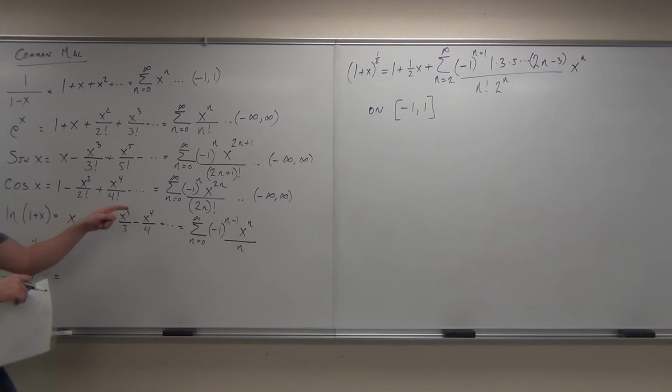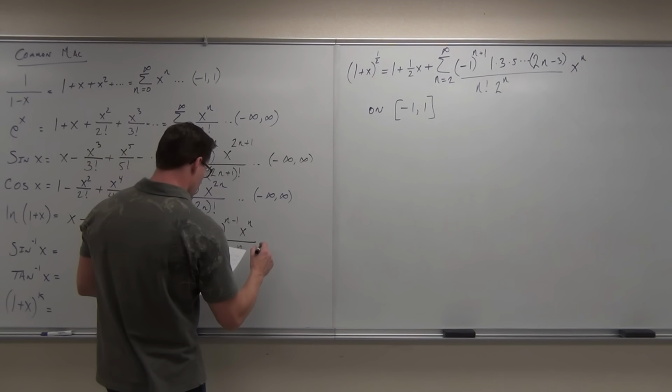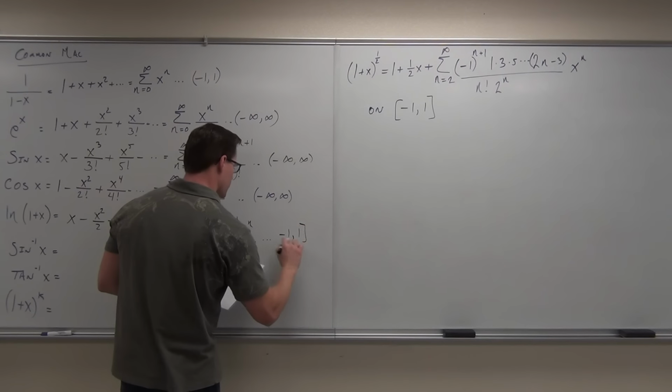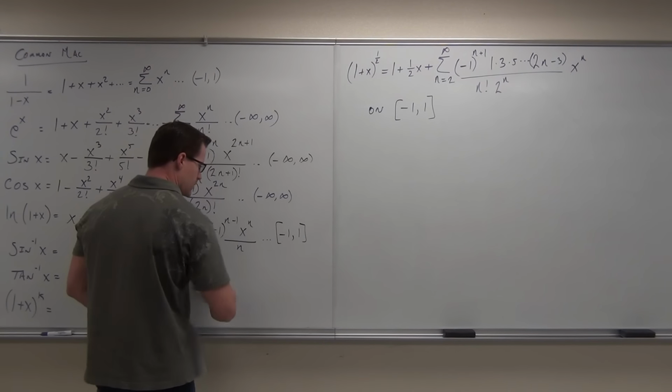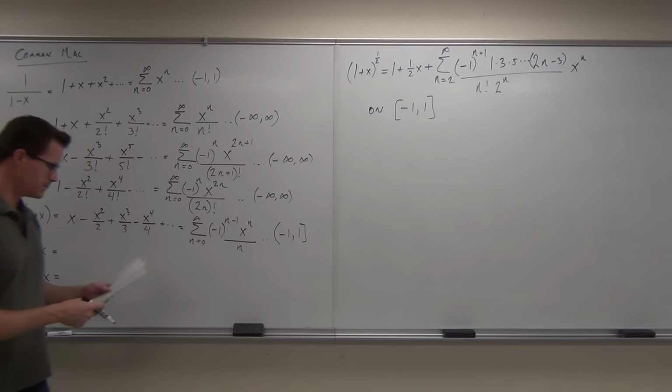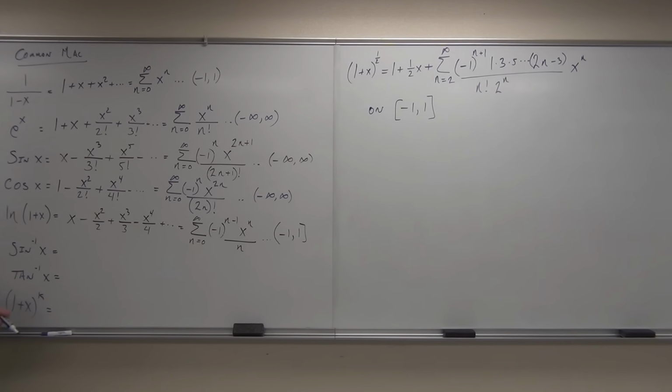And you can see that right here. It's kind of a nice one. This converged on negative 1 to 1. Positive 1 was included, negative 1 is not included. You know, I'll probably move the last two over there, just to be clearer.